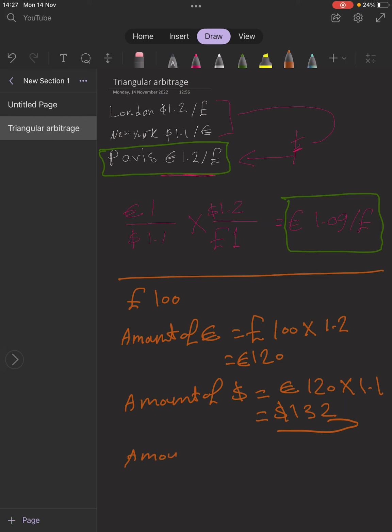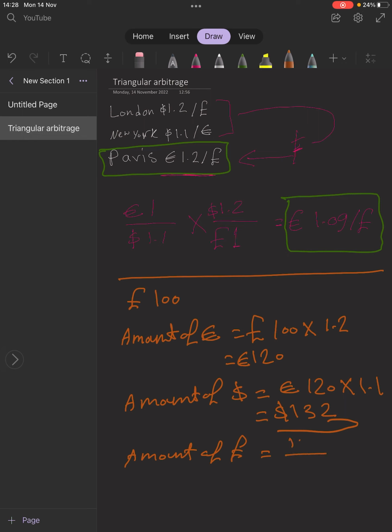The amount of pounds equals, in order to transfer the dollars into pounds, we will divide by 1.2.